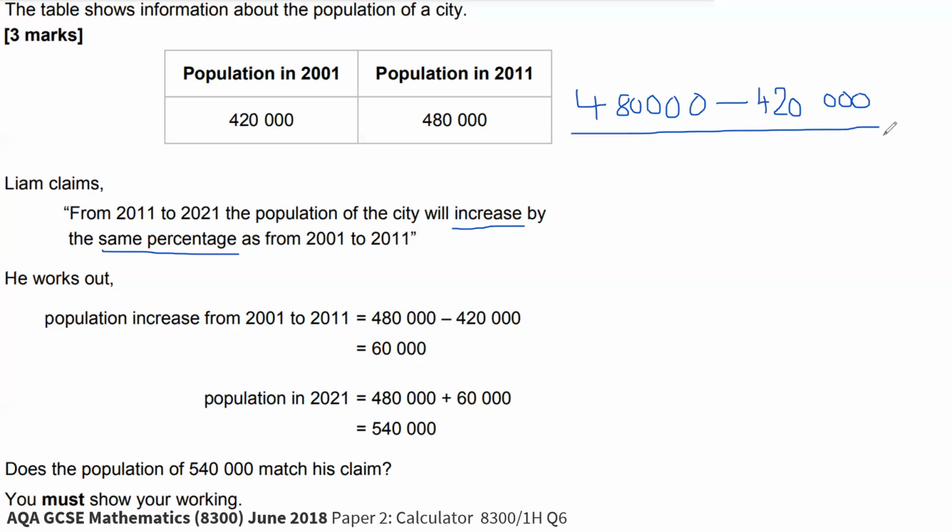And then to find the percentage increase, we divide that by the original population, which is this 420,000. And then we're going to times all that by 100% to work it out as a percentage. If you do this calculation on your calculator, which is probably the easiest way of doing it, then you end up with a 14.3% increase.